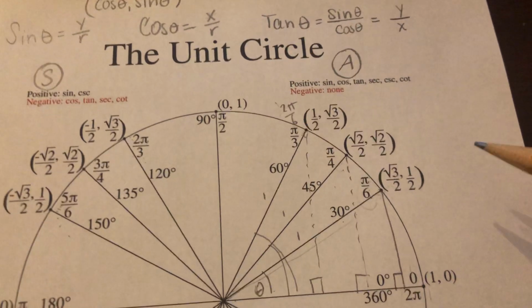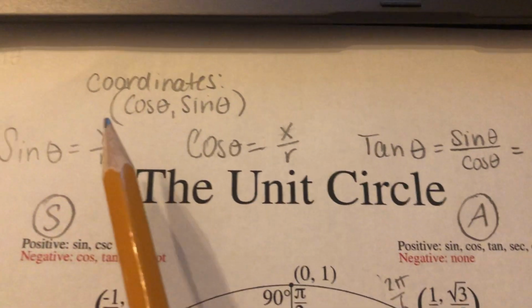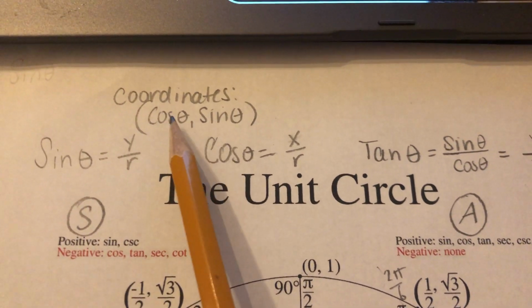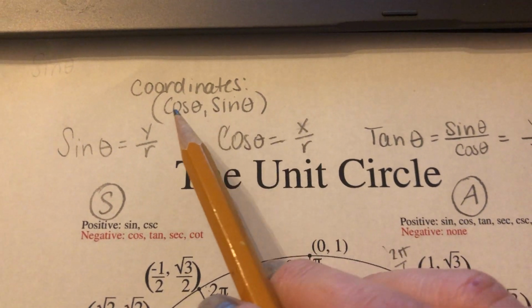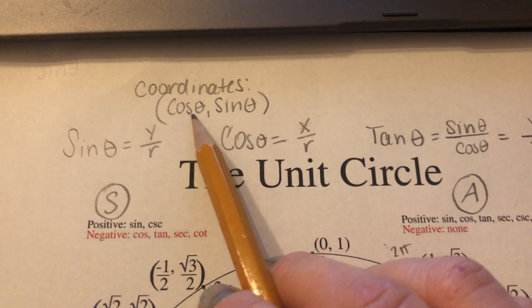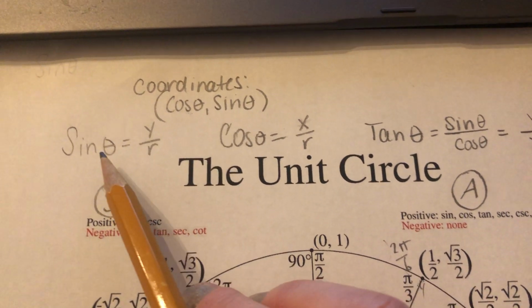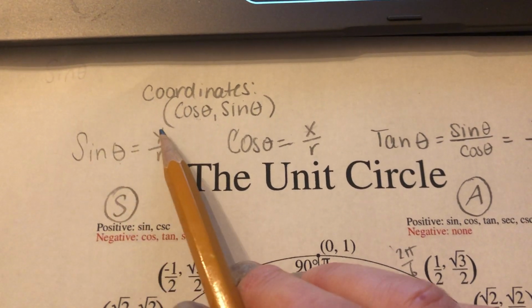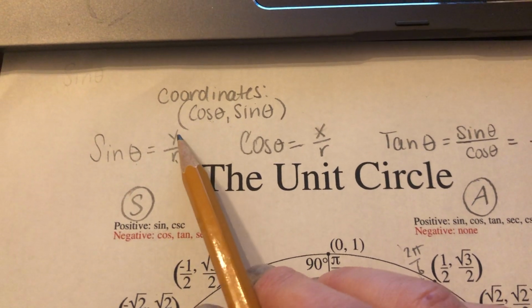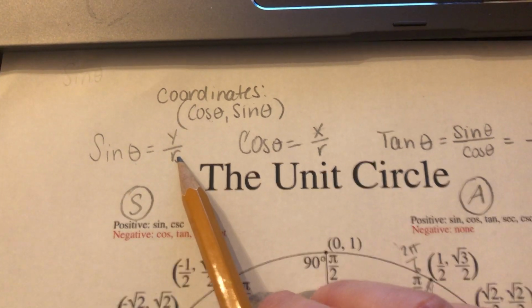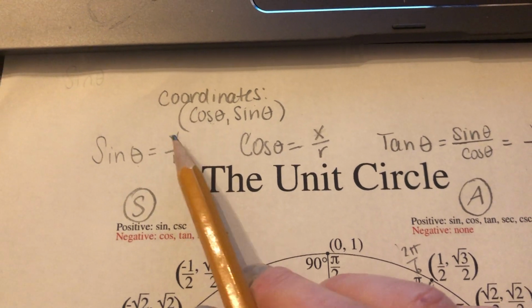So what's important is this here. Your sine is your y and your cosine is your x of the coordinates. So why is that? The sine of theta is y over r. You know how the sine is opposite over hypotenuse? That's SOHCAHTOA, opposite over hypotenuse.